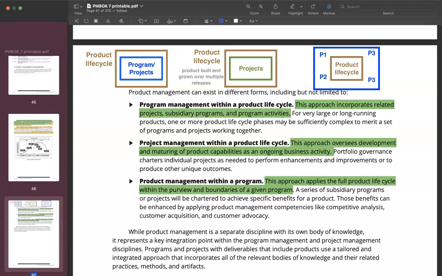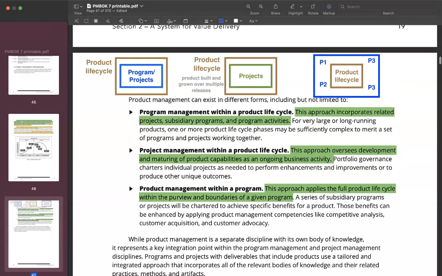You can have a product lifecycle that spans many years, and you can have multiple projects carried out to grow the product. Or even if you're not doing projects, you can grow the product incrementally as part of business operations. So you don't always necessarily have to carry out a project. You can make incremental improvements to the product and grow it as part of your ongoing business activity too.